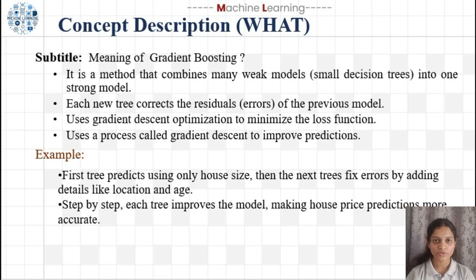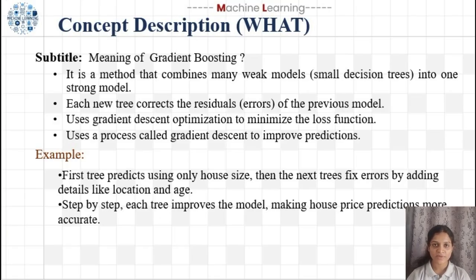Now let's talk about what gradient boosting is. Gradient boosting is a method used in machine learning to improve the predictions of models step by step. It is a method where we combine many small, weak models, usually decision trees, to create one strong model. Each new tree fixes the errors, that is, the difference between the predicted value and the actual value, of the previous ones using gradient descent.